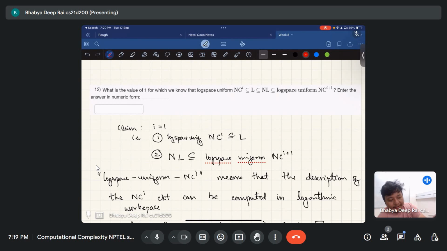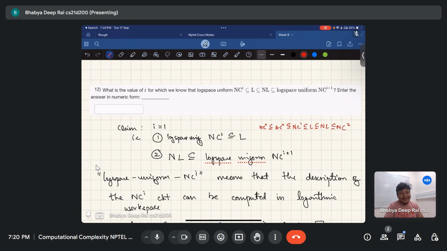You actually break through that hierarchy and add in these classical complexity classes. So NC0 is contained in AC0, is contained in NC1, is contained in L, is contained in NL, is contained in NC2.